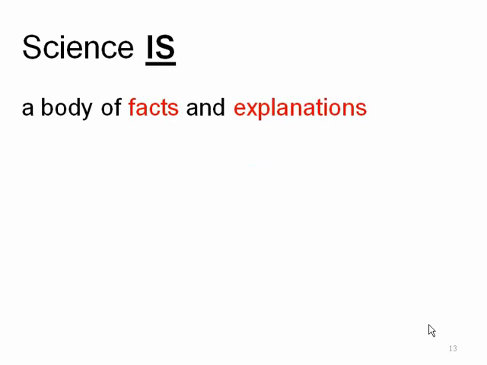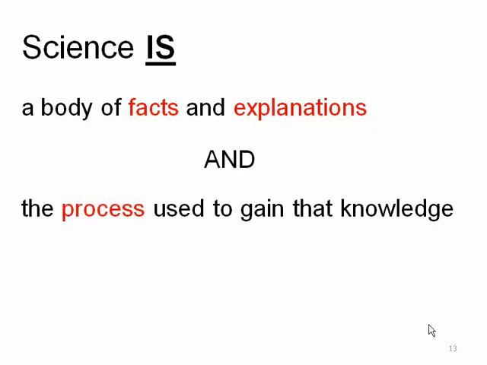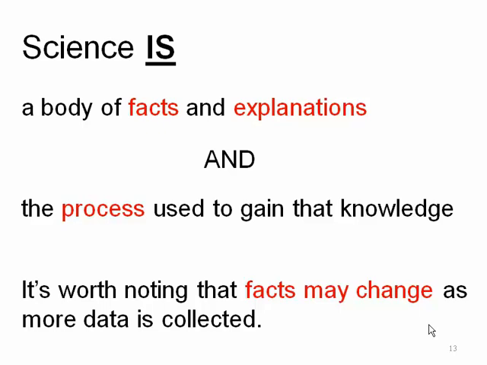Just to remind you of what science is: it's a body of facts and explanations, and it embodies the process that's used to gain that knowledge. There are very specific requirements for the process of science to be valid. You should be aware, however, and always remember that the facts may change as more data is collected.